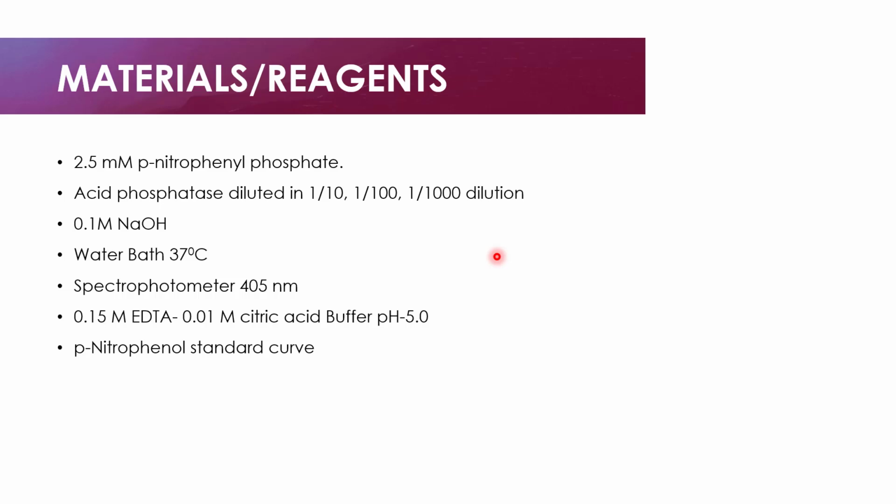So let's look at the materials and reagents that we need for this experiment. The first is our artificial substrate, which is 2.5 millimolar p-nitrophenyl phosphate.